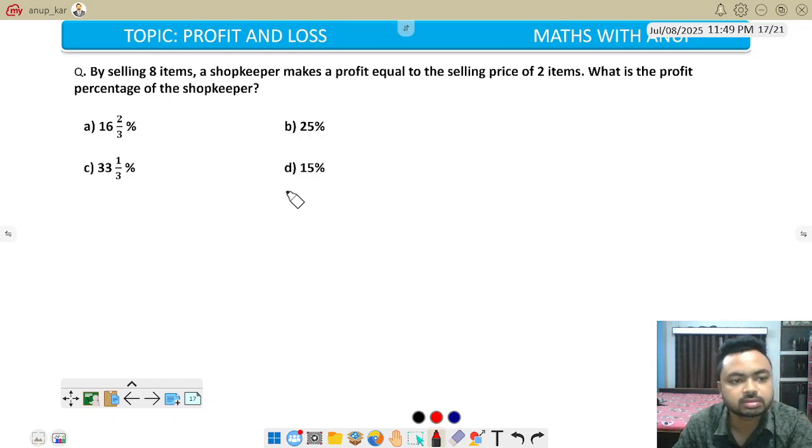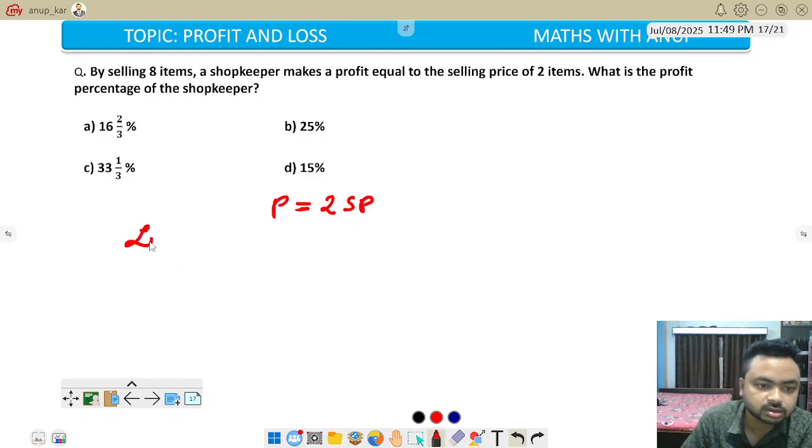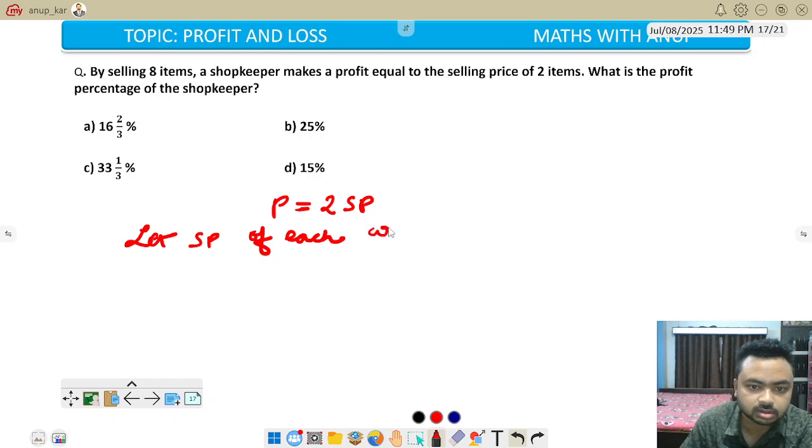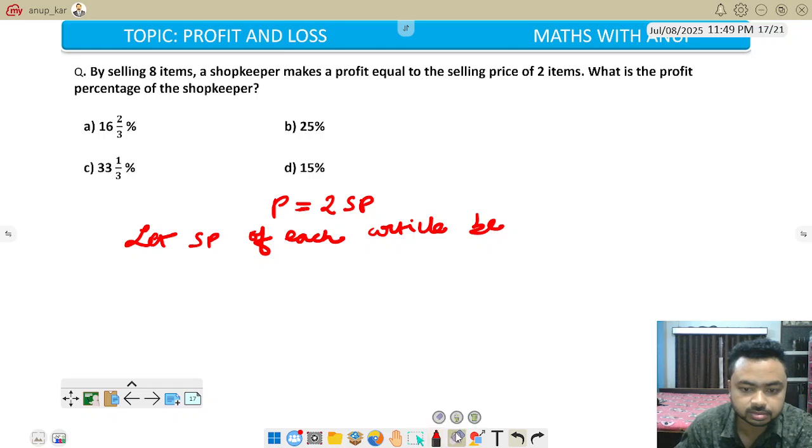What is being told? By selling 8 items, a shopkeeper makes a profit, and here the profit is equivalent to the selling price of 2 items. So we will consider, let SP of each article be rupees 1.